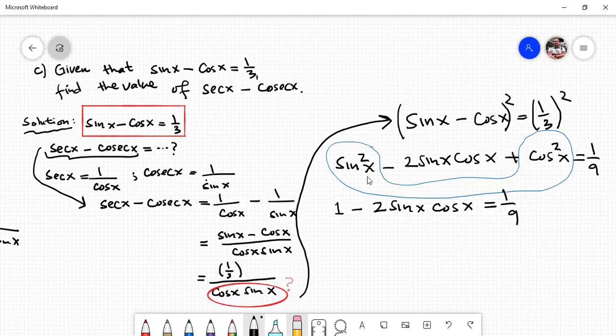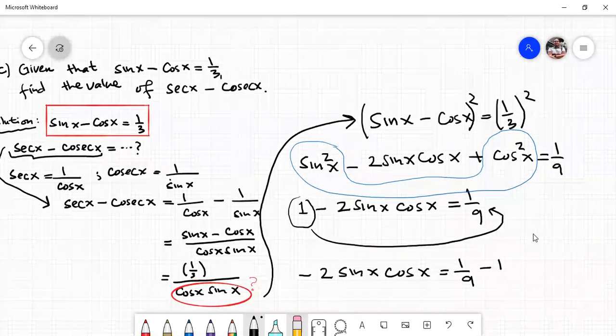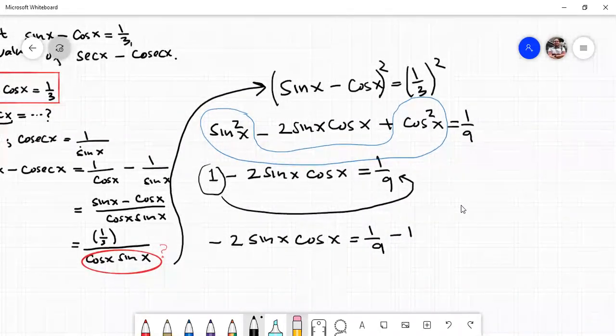Then I can transfer this to this side. So it becomes negative 2 sine x cosine x equals 1 over 9 minus 1. Just follow me step by step, and after this, we simplify again.